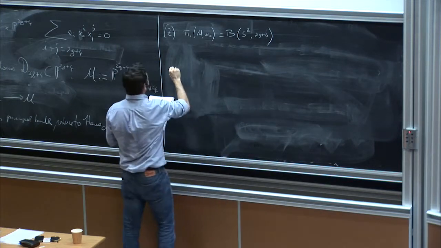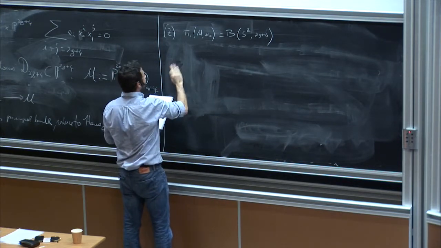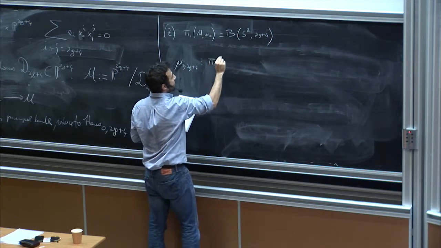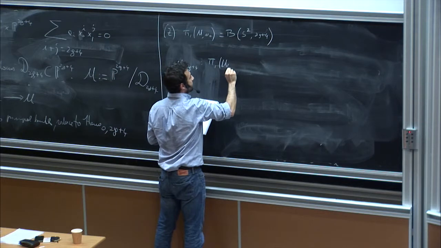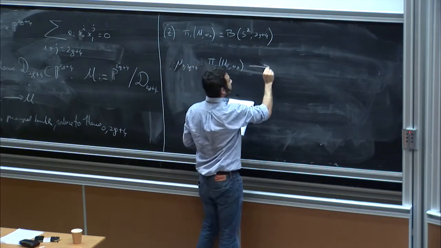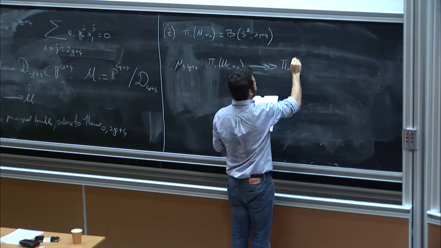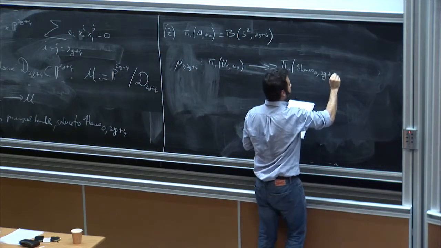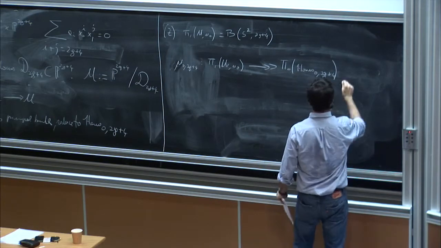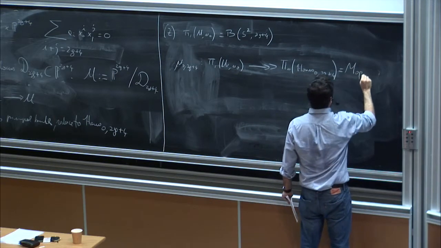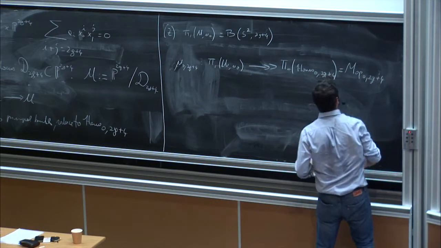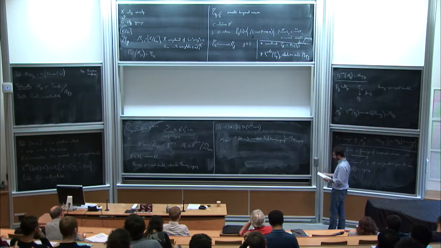And the corresponding monodromy map that goes from pi_1 of U to the pi_0 of Homeo_0 of 2g plus 4 is surjective. And I will call this map rho. This is a theorem of Zariski from the 20s.